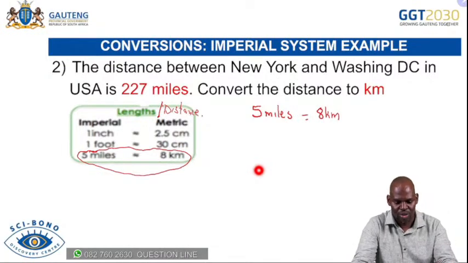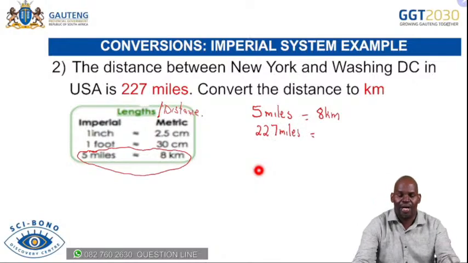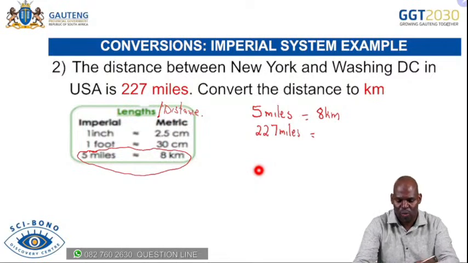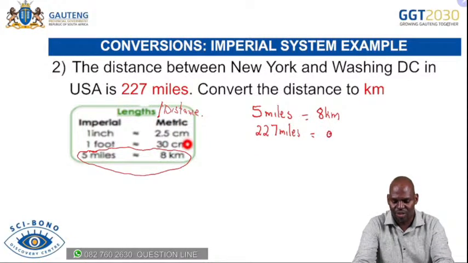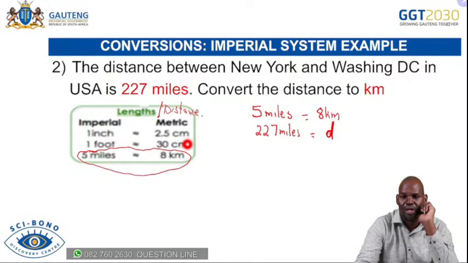But in this case, we don't have 5 miles. We've got 227 miles. Okay, so we are looking for a distance. So we can just say this is letter D to calculate the distance. We're going to do the cross multiplication.